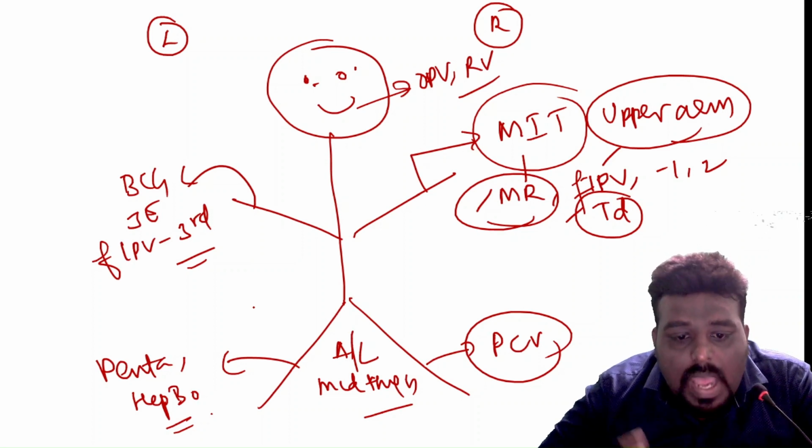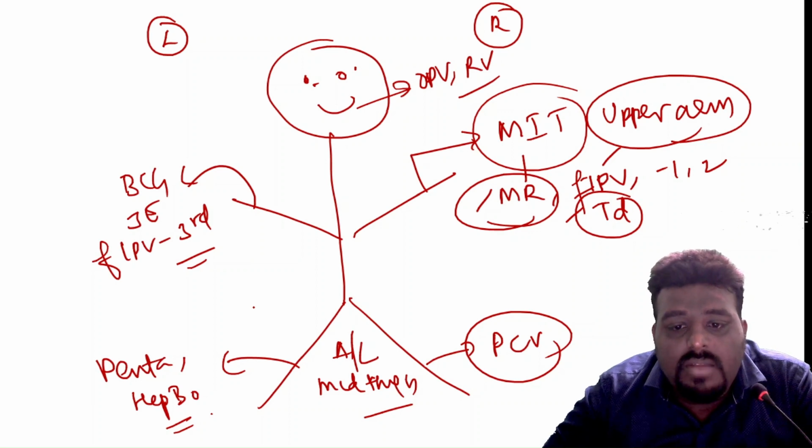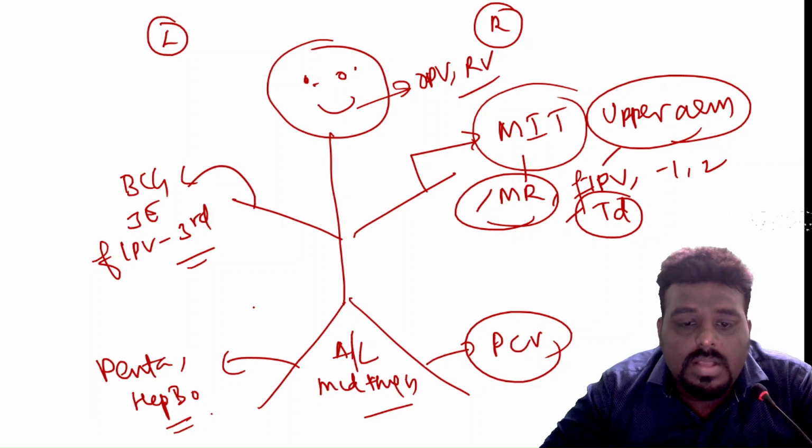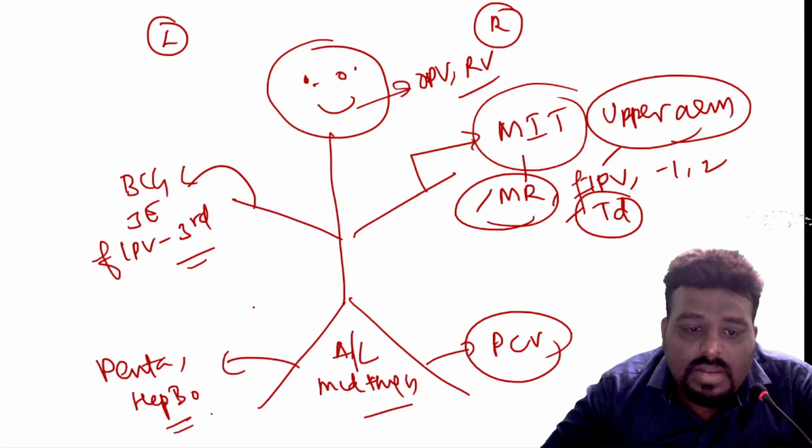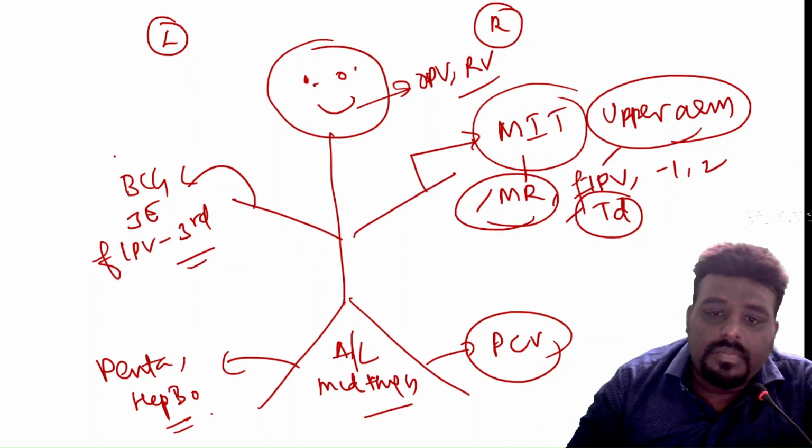You should say anterolateral aspect of left mid thigh. That is a complete statement of where pentavalent is given. Just a gross way of remembering these vaccines: anterolateral aspect of mid thigh, left side, penta or hepatitis B birth dose, and on the right side PCV is given. And the right arm is the upper arm.